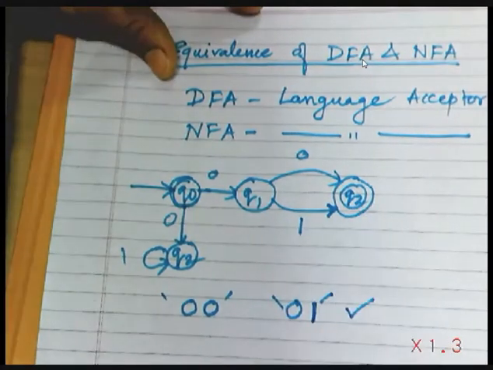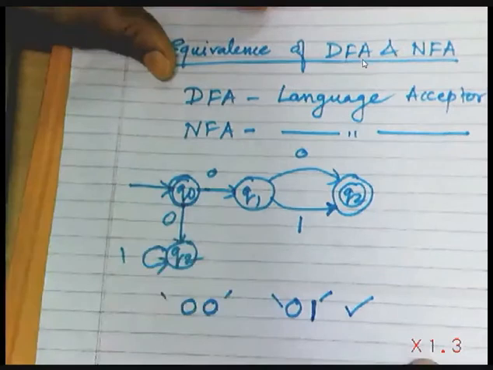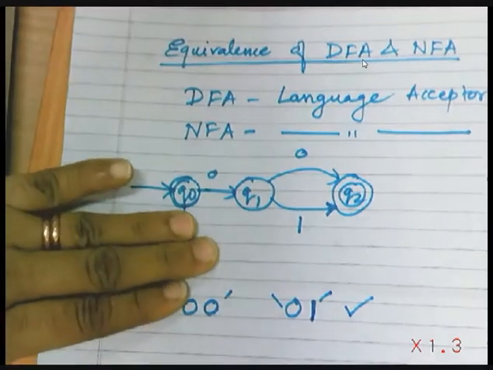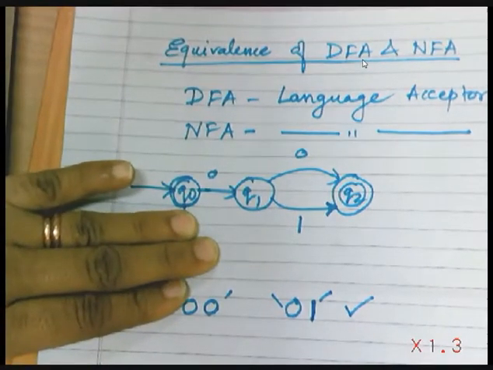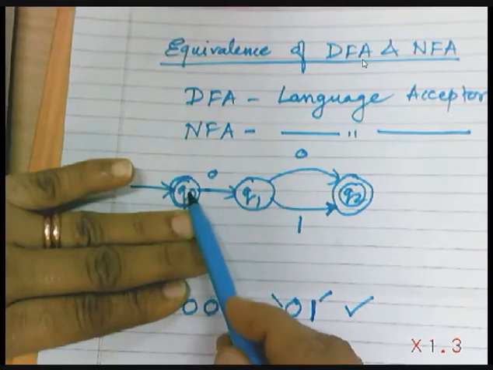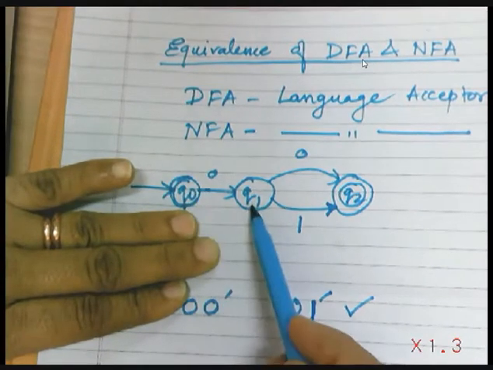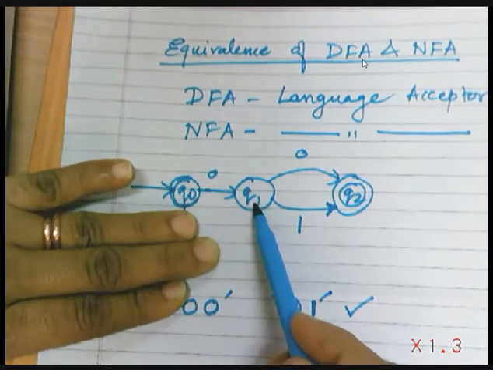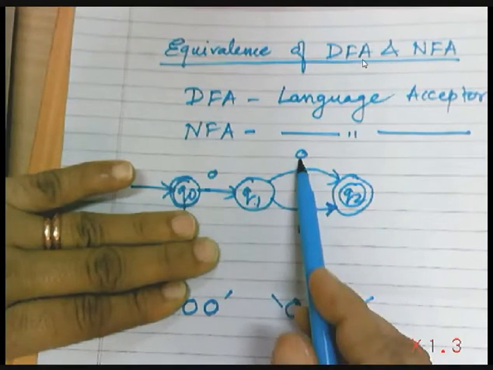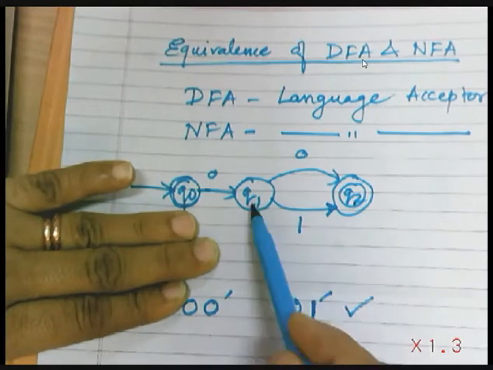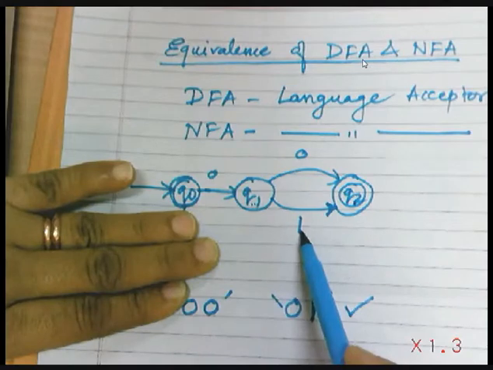Now if we do not consider the other part, this is a DFA, right? Because with the current state and current symbol, it reaches only a single state. Now if it were 0, it would become an NFA, but it is 1.